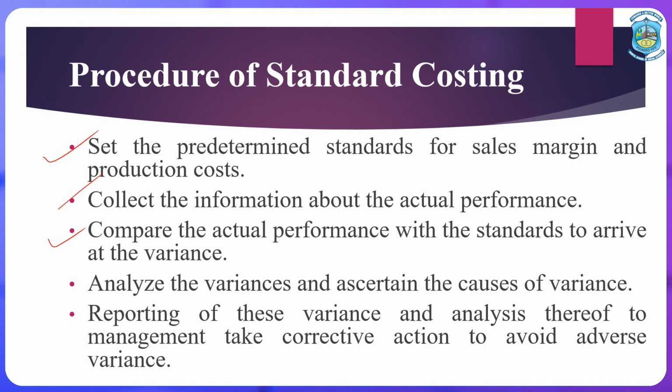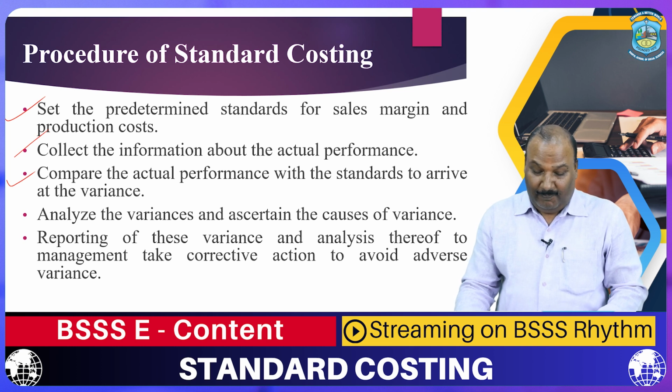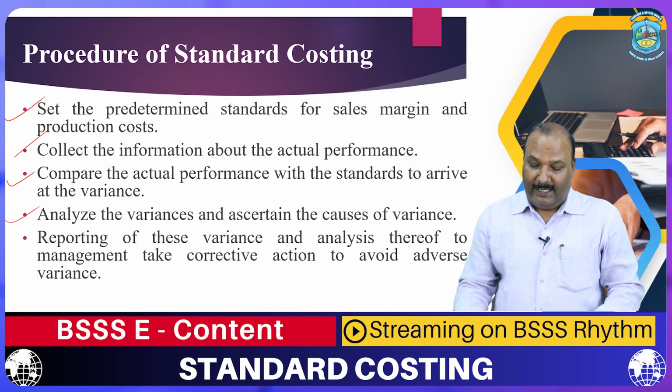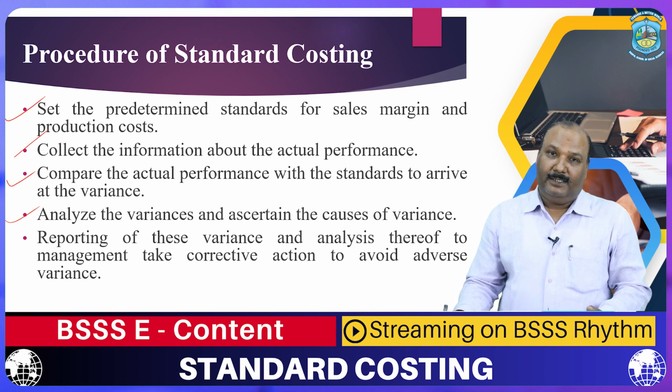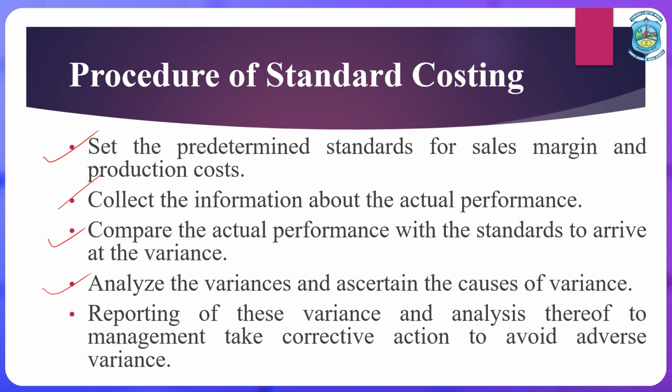Means if we have standard cost, it can be compared with the actual cost, and the difference between actual cost and standard cost is known as variance. Next is to analyze the variances and ascertain the cause of variance, so we can understand what the causes of variances are. Next is reporting of these variances and analysis thereof, so management can take corrective action to avoid adverse variances.